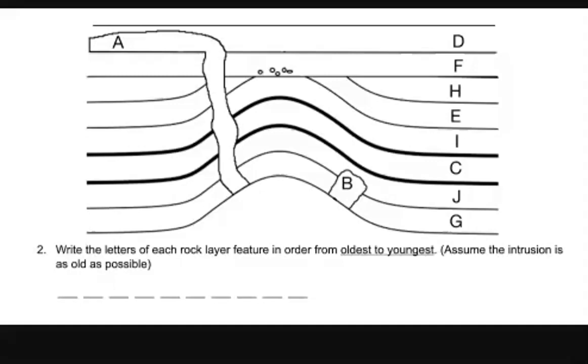What would A be? Angelica, what's A? We called it an extrusion, right? Extrusion. Good. What are these little pebbles called? What would those guys be called there? Audie, what are those little rocks called?